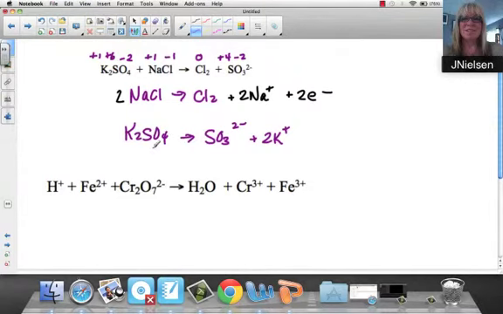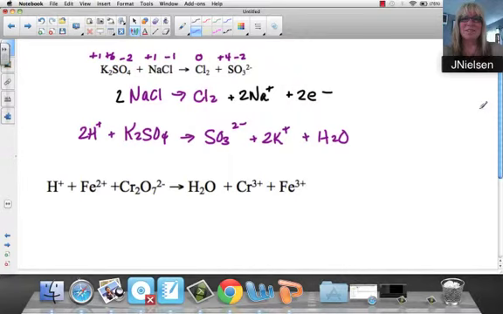Oxygens: I have 4 oxygens here, 3 oxygens here. So I need to add 1 water to balance out my O's. 3 and 1 is 4 O's, 4 O's. But now I have 2 H's. So I have to add 2H+ to the left to balance H. So now all my atoms are balanced.